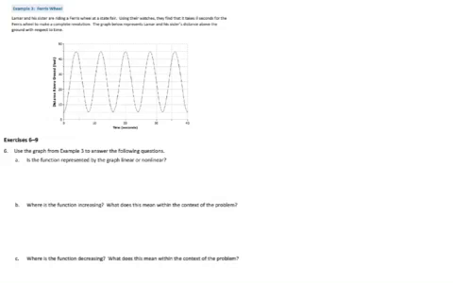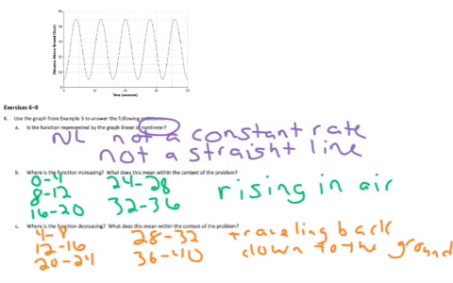So for 6A, I'm hoping you said that it was nonlinear because it's not a constant rate of change, and this graph is definitely not a straight line. It's going up and down, up and down, up and down, and so forth. When is the function increasing? Now your estimates could be slightly different than mine, but it should be in the same ballpark.